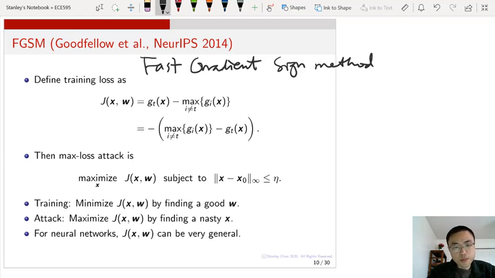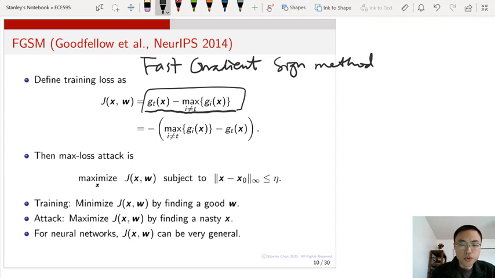So let me describe this fast gradient sign method, and I want to illustrate the idea using the notation as follows. We are going to define a loss function, which is the difference between your target and anything else in the space. This loss function is really saying that your target minus everyone else, that is the loss.